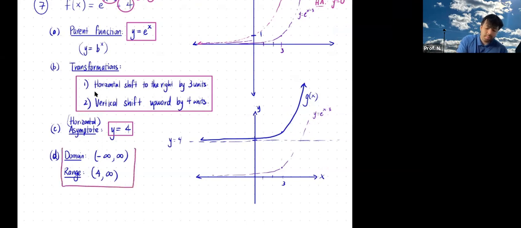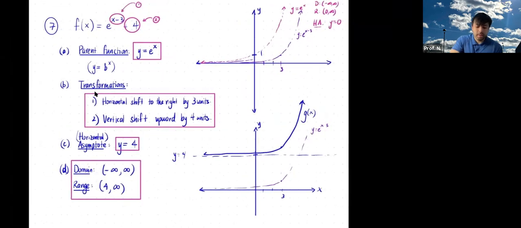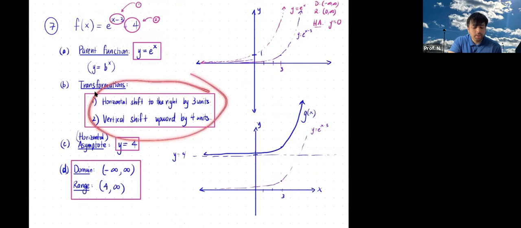And there we have it. So this is what's expected of you, being able to look at a function, whether it be logarithmic or exponential, find the parent function, know what the transformations are, identify the asymptotes, identify the domain and range, and give a rough sketch.